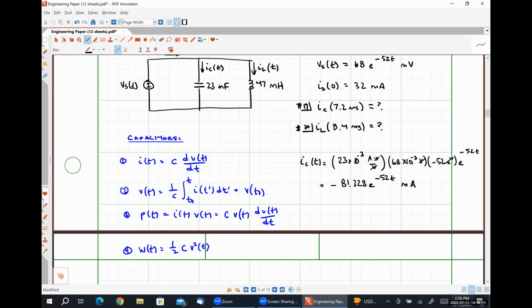And now we would just plug in the value for t that we're trying to find things at, 7.2 milliseconds here.